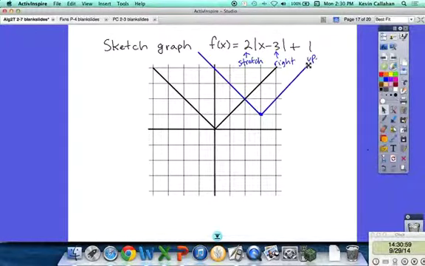Because of the stretch, it's going to move that to have a slope of 2, not 1. You see that? Up 2 over 1, up 2 over 1. Same thing over here. We're going to move this so that it's actually going up faster, away from the vertex. Up 2 over 1, up 2 over 1. So that's what it looks like.